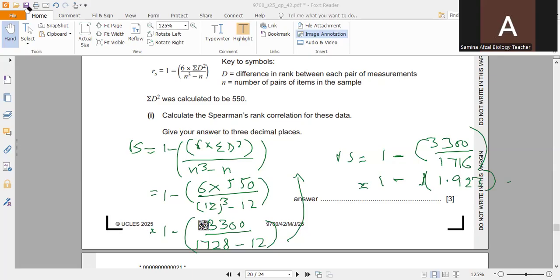After subtraction, 1 minus 1.923 is equal to minus 0.923. So this is the Spearman's correlation, which we have calculated with the help of the given formula, and we have to write it to 3 decimal places.